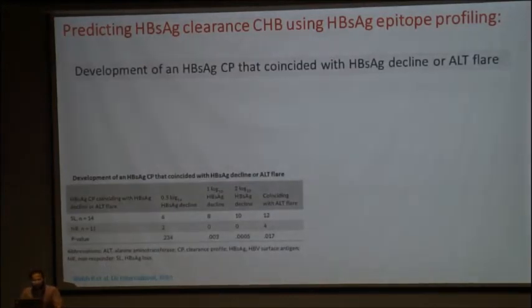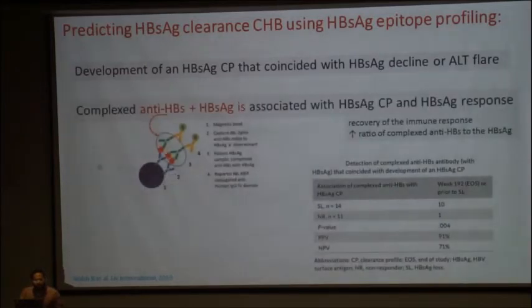So development of an HBsAg clearance profile coincided with the HBsAg decline or ALT flare. Most of the patients who achieved this clearance profile had ALT flare: 12 out of the 14 patients had ALT flare followed by the onset of this profile. And the anti-HBs and HBsAg complex is also associated with the onset of the HBsAg clearing profile and HBsAg response.